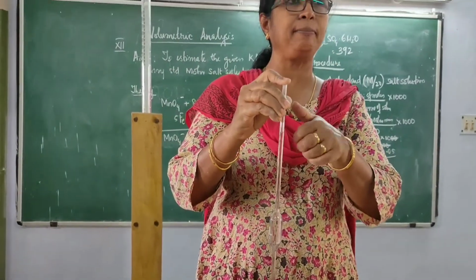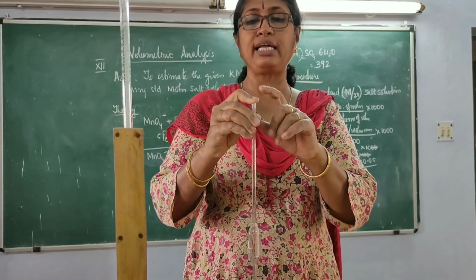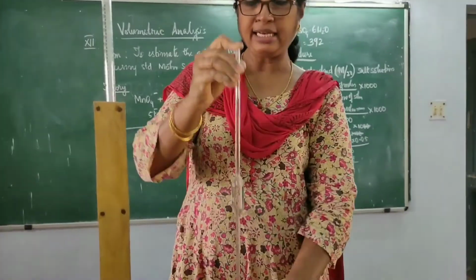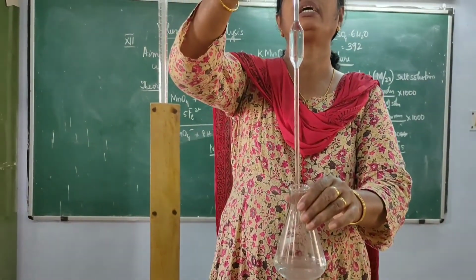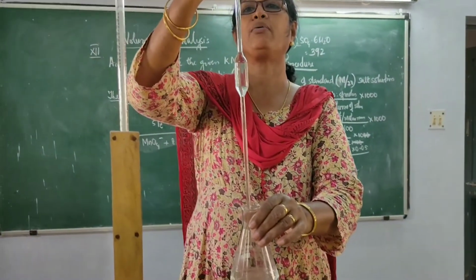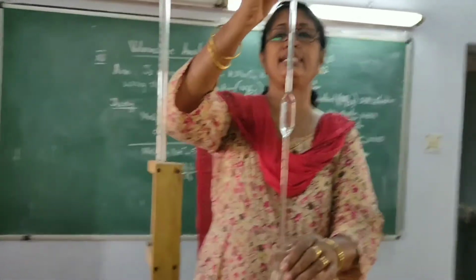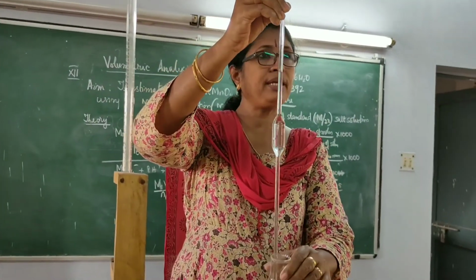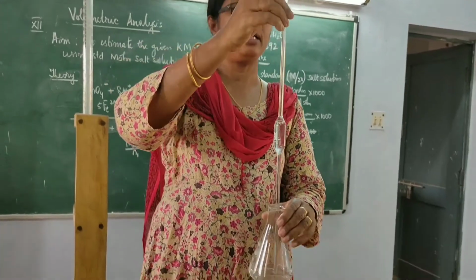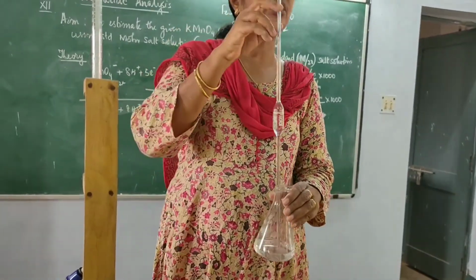Should not use the thumb. Always we have a tendency to use the thumb, but you should not. Use the forefinger and slowly release it and see the level will come down. Slowly it will come down. When it reaches that mark, you stop it, then it will be exactly 20 ml. For that your hand must be very dry. Then only you can control it properly.